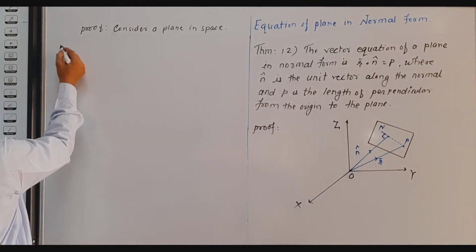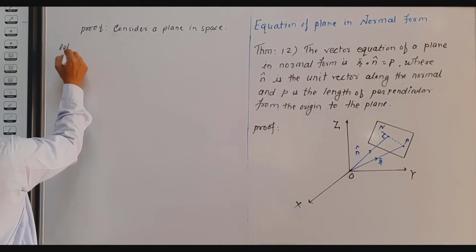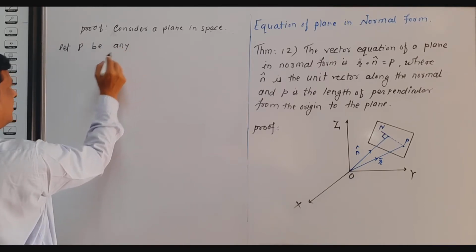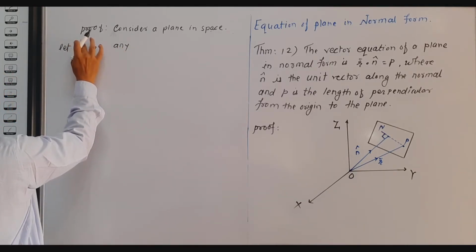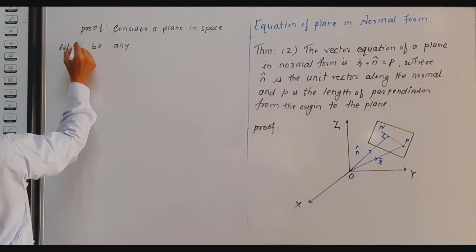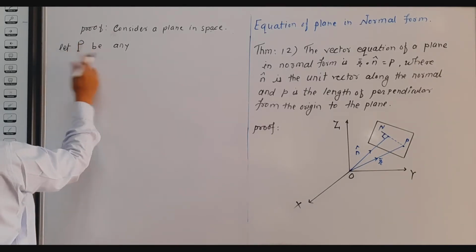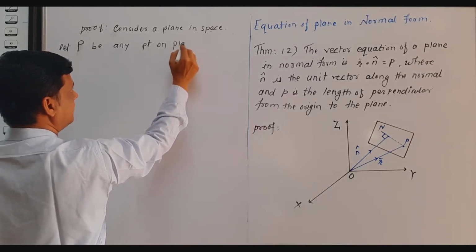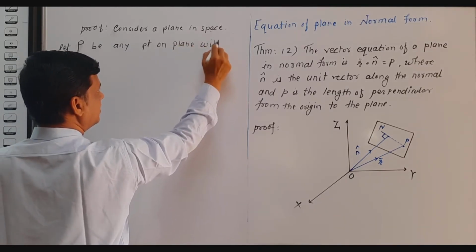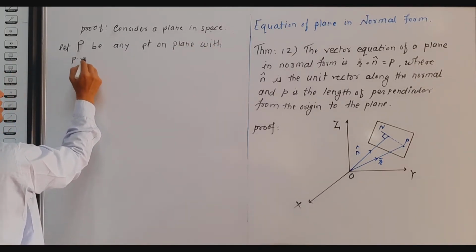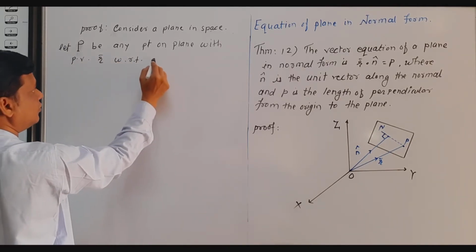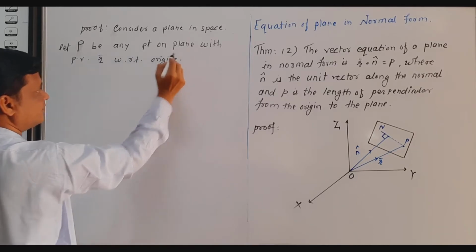So we write: let P be any point, capital P, on the plane with position vector r bar with respect to the origin.